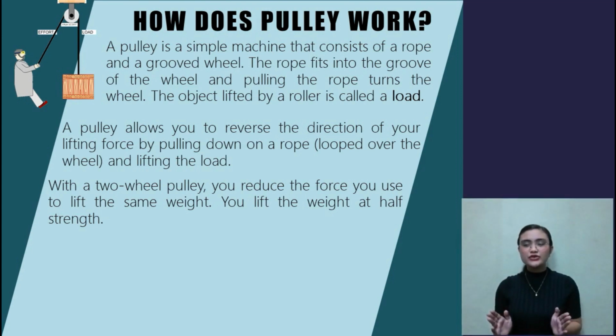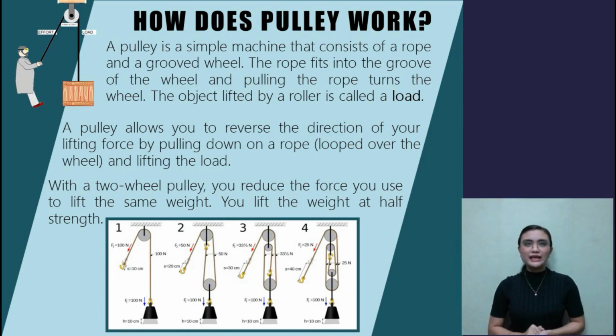As you can see in the picture, with the use of a two-wheel pulley, you lift the weight with half of your strength. The force needed gets smaller to lift the same weight of load using three wheels, and so on with the fourth wheel. This shows that the more wheels you have and the more times you loop the rope around them, the more you can lift the load.